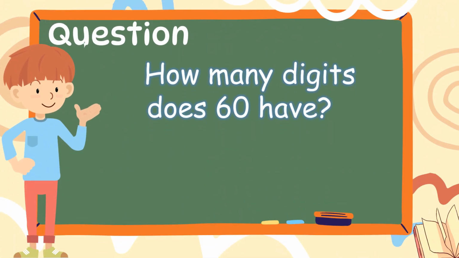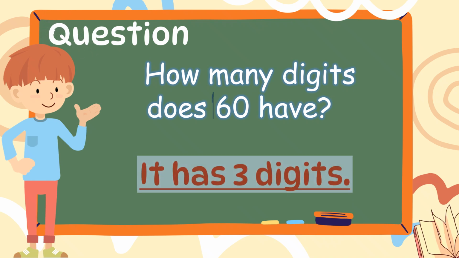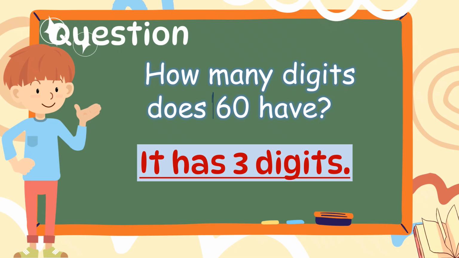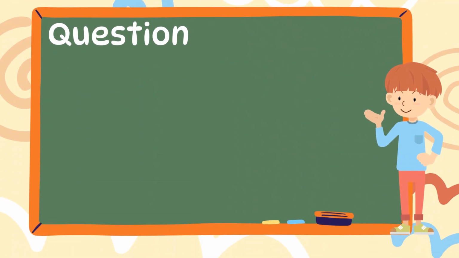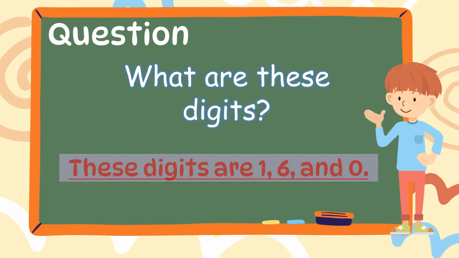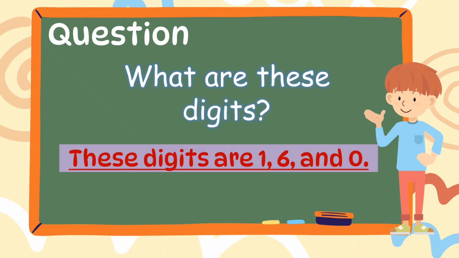So this time I wanted to find out how many digits 160 has. All right, 160 has three digits, because we have 0 ones, 6 tens, and 1 hundred. What are these digits again? 1, 6, and 0.